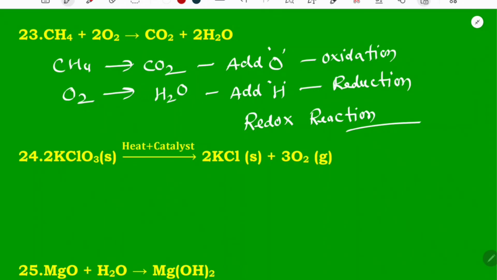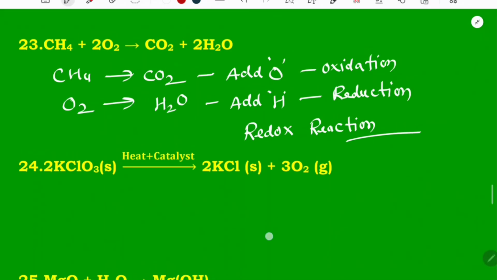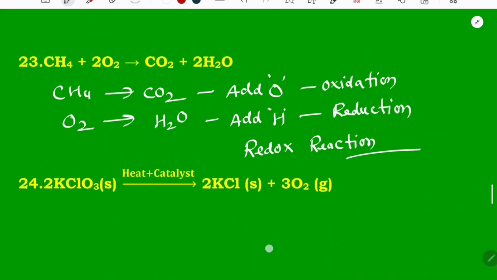So I will conclude up to the 24 questions. Next questions we'll discuss in the next class. So 24 equations are enough today. Here potassium chlorate. Actually we already discussed this reaction, and the activity also. Potassium chlorate in the presence of a catalyst is converting to KCl and O2, oxygen.